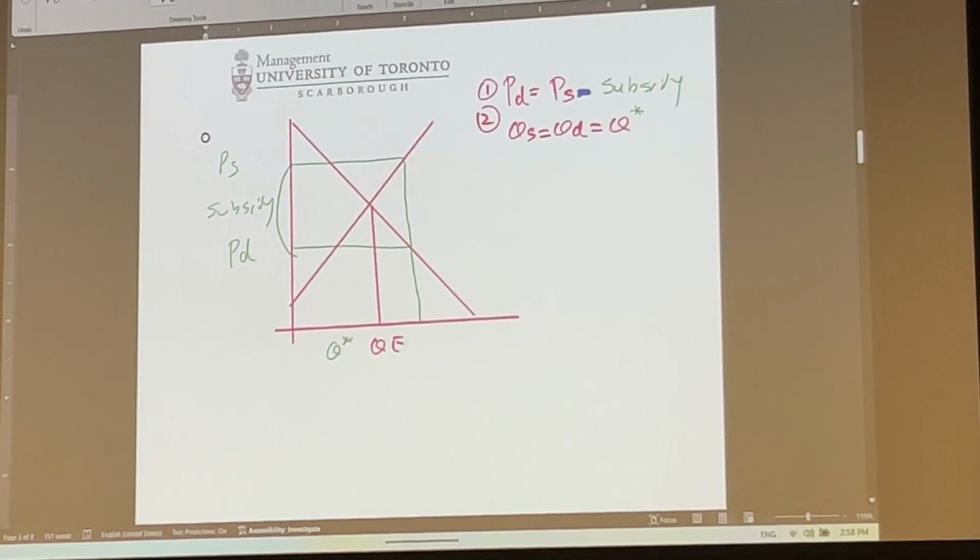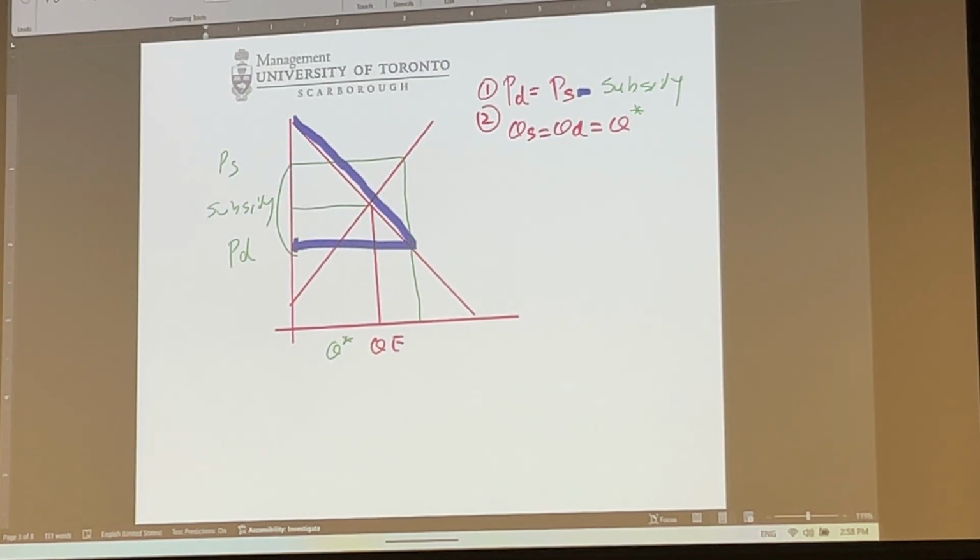Let's see. Consumer surplus before was this. Let me have this one too. Consumer surplus before was this. That's before the subsidy. How much is it now? Now it is this. Right?